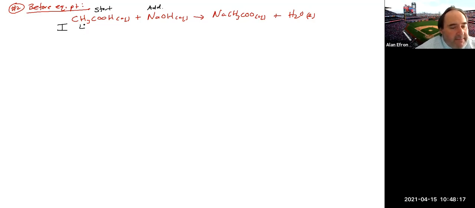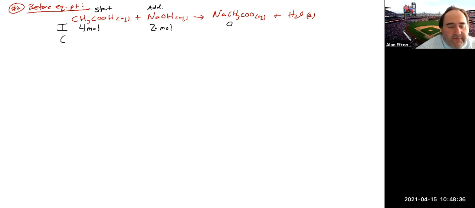So again, I'm just going to make up numbers and call this 4 moles of acetic acid. I need to do this ice table in moles because we're adding volume. Because we're before the equivalence point, I'm going to make this less than those starting moles, and we would have 0 at this point.